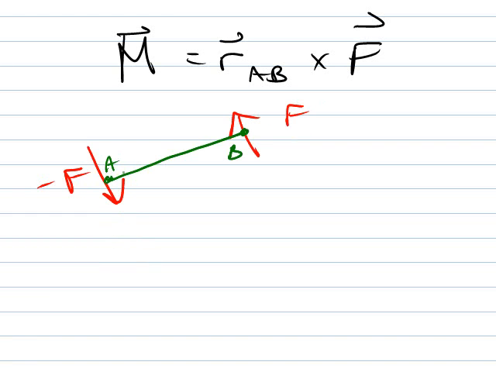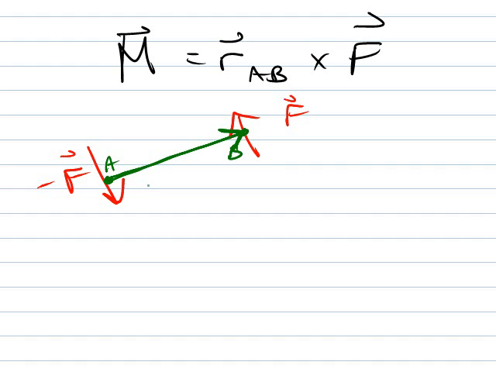All right, so your couple moment is a cross product between R_AB and F. And it's important to remember that R_AB is going in the direction from A to B. So if you're doing the right-hand rule, your wrist goes on the A, your fingers point toward the B, and then they curl in the direction of F. Now your thumb's pointing out toward you on the page.